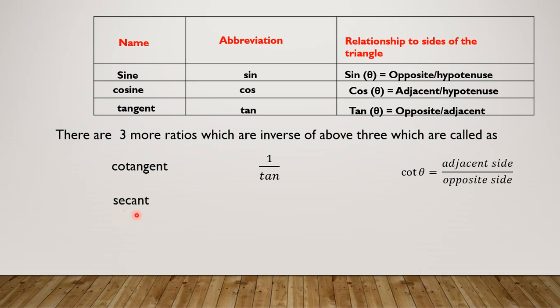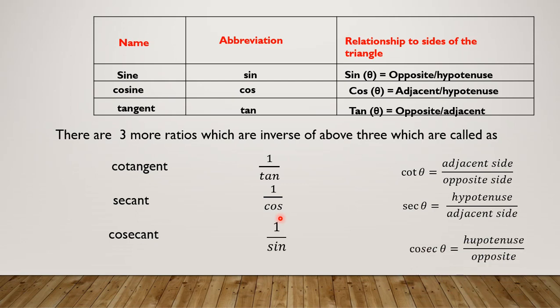For the next relation, the inverse of cos is known as secant, and we say it sec theta, that is hypotenuse upon adjacent side. And the third one is cosecant. It is the inverse of sine theta, and it is called cosec theta, and it is hypotenuse upon opposite side.